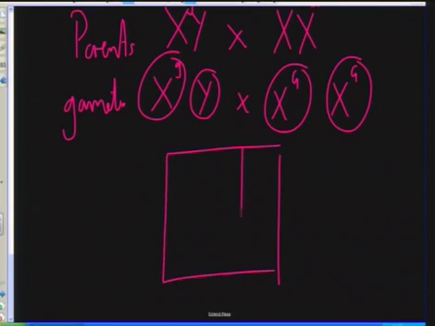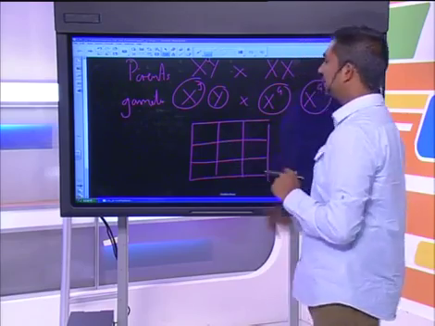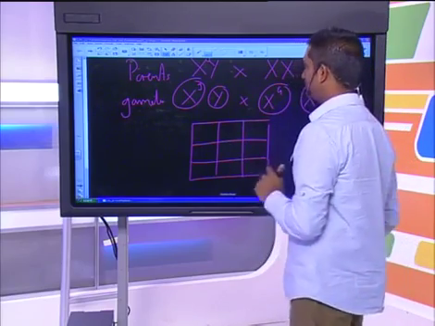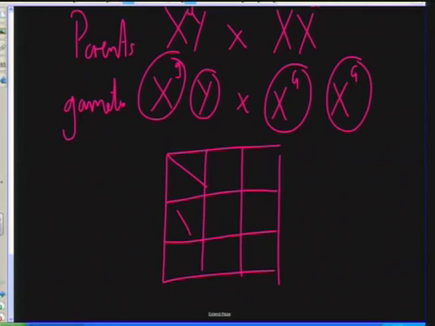Now often we get learners that prefer to do it mentally. For a question like this, there are going to be marks allocated for showing the methodology of how you came to your answer. So let's put down the genotypes. We're going to write down X small g, X, Y. That's for the male.